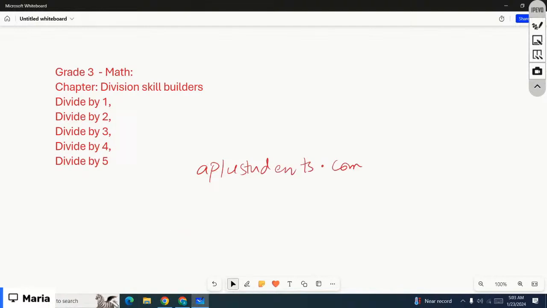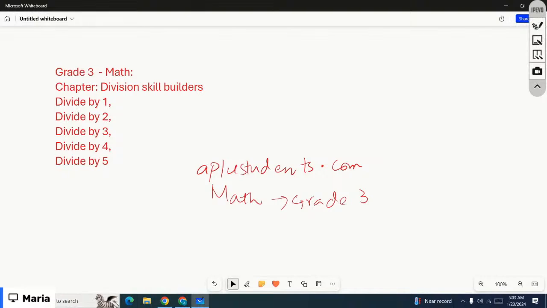You have to log in there using your email address and password as provided by the administrator. Then you have to select math from the subject tab, scroll down to grade 3, and then click on view all lessons. There you can find a list of the chapters.